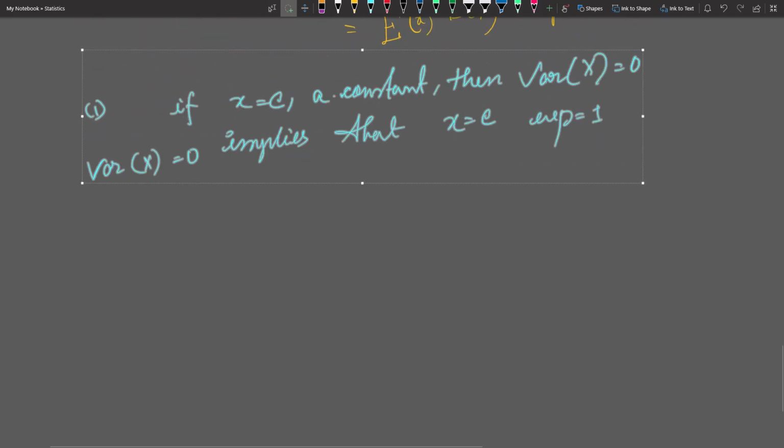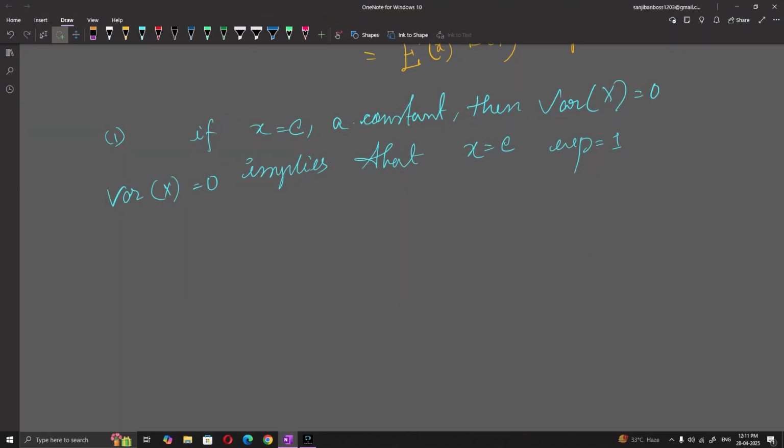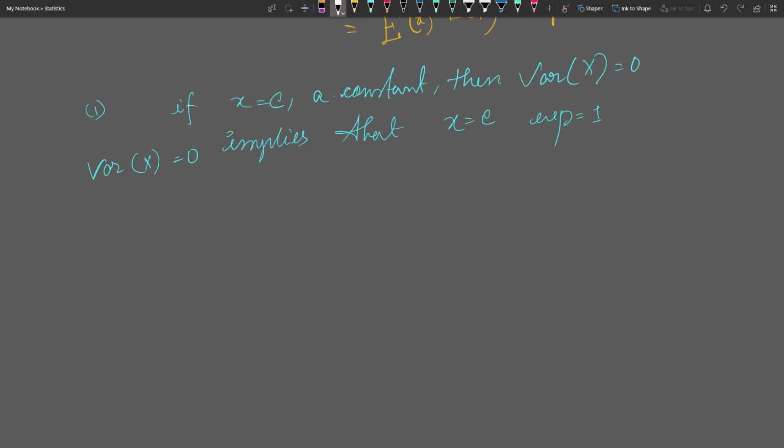And now I have to prove it. So let's prove it. This proof is so much simpler, as you do a plus a, that is nothing but 2. Take this easily, and let's begin.